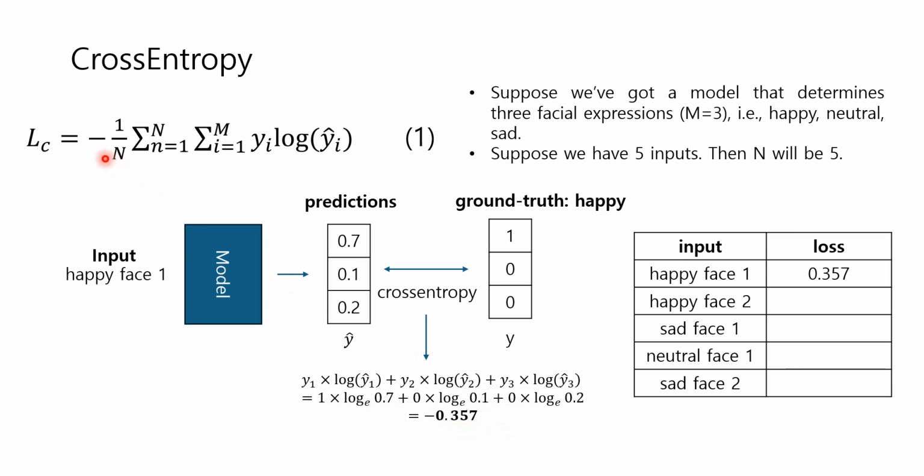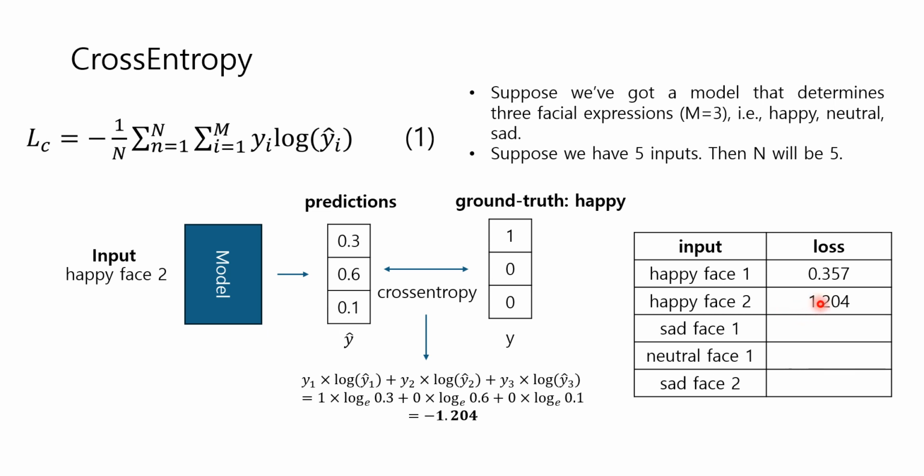And since we have a minus sign here, if we apply it, we get a positive loss value of 0.357. And see that the model predicted correctly because it is giving the highest probability for the happy emotion. Let's look at another example for the second sample.